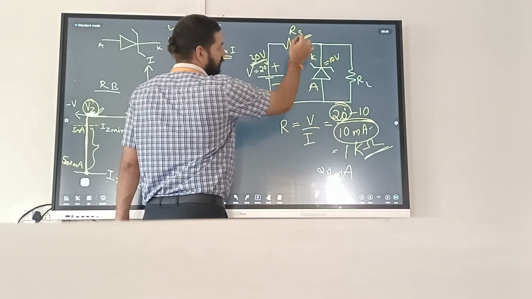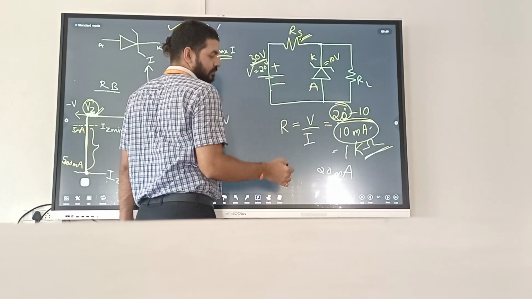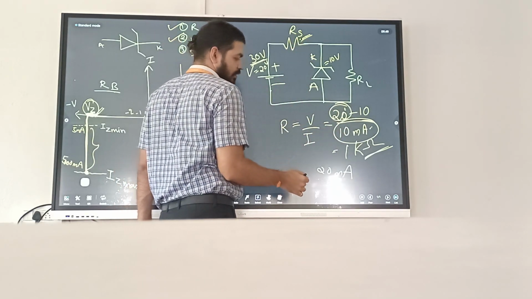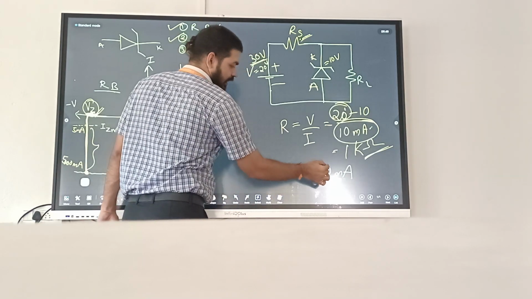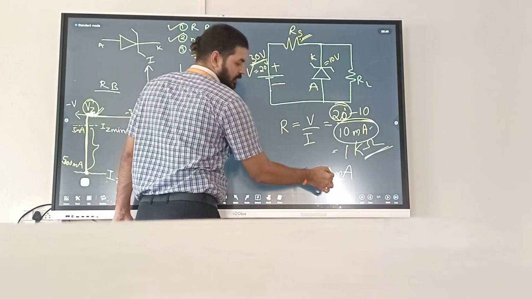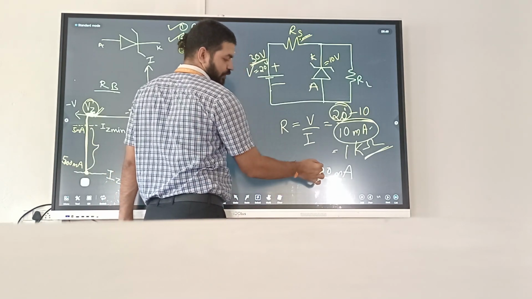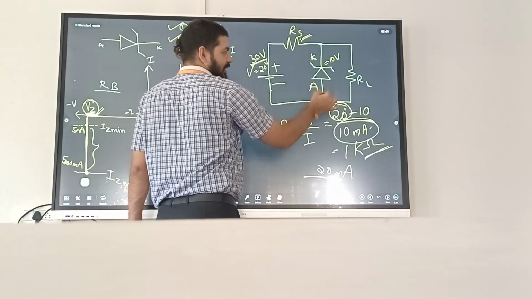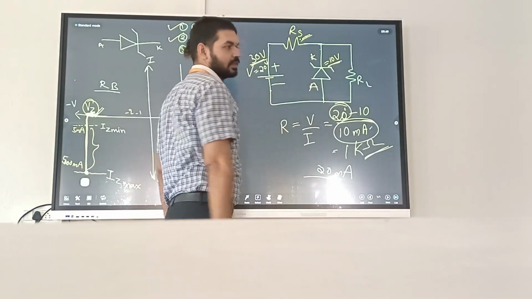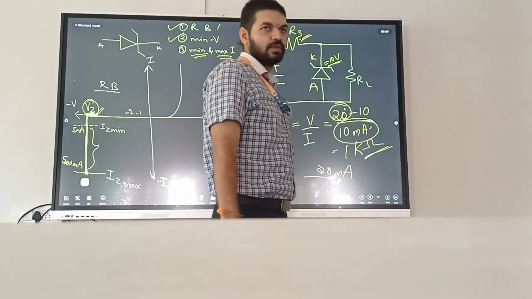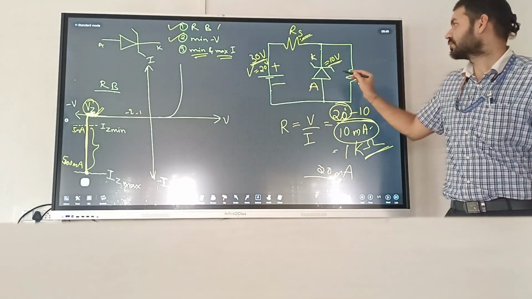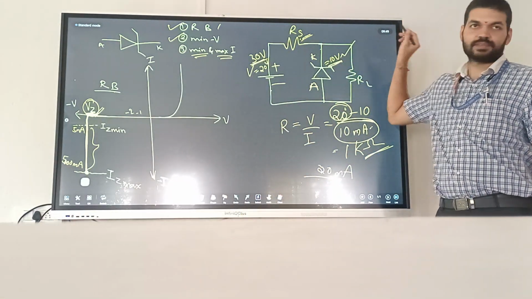Correct? 20 by 1 kilo ohm. So current will be 20 milliamperes. So though current has changed to 20 milliamperes, voltage across Zener will be 10 volts only.